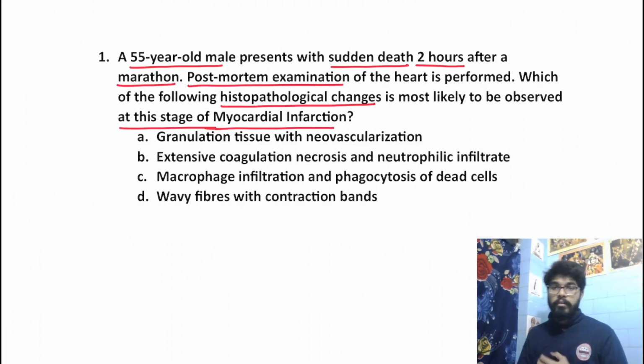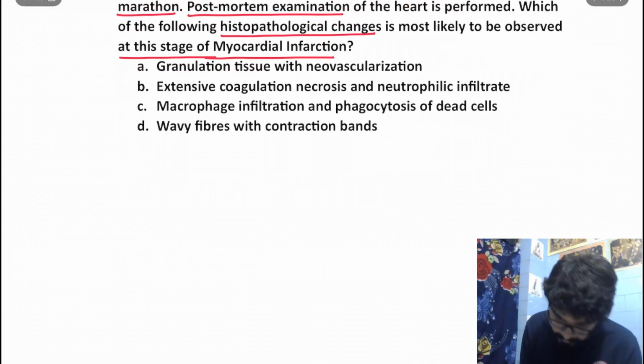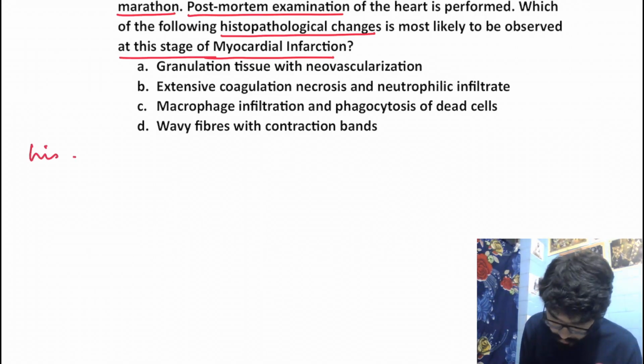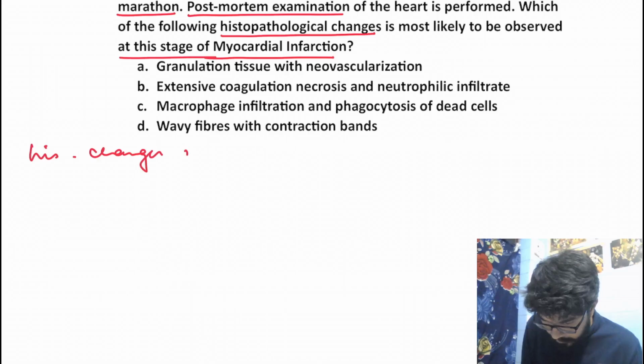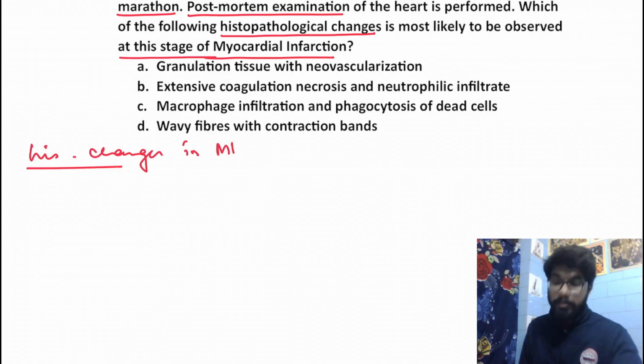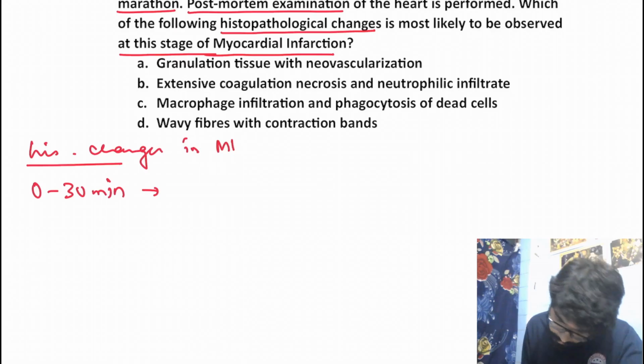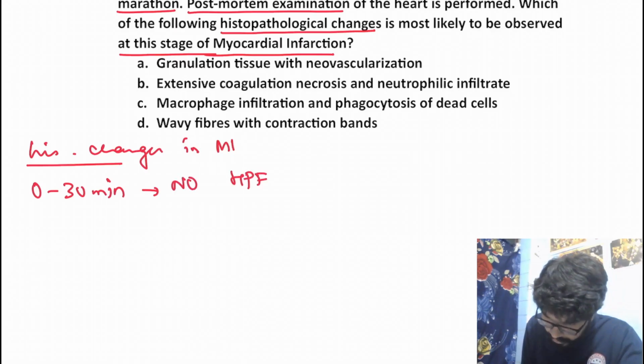Okay. So we need to know about the histopathological changes in MI. So before we read the options, let's have a look into the histopathological changes. The histological changes in MI are extremely time dependent, right? So remember that from 0 to 30 minutes, there are no histopathological changes.